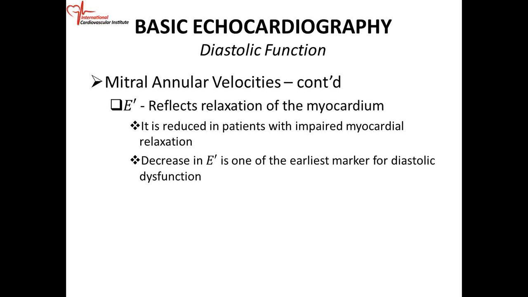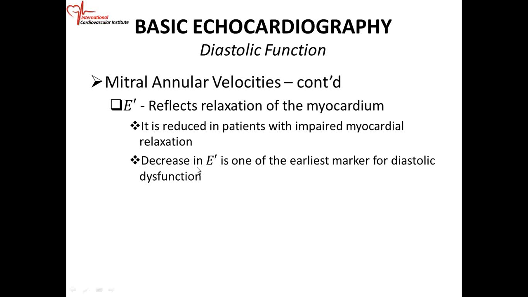When we talk about reduced, it's usually less than 8 centimeters per second. In a normal individual, the E prime is usually more than 10 centimeters per second. The lateral E prime is usually larger than the medial E prime. That's another important point.